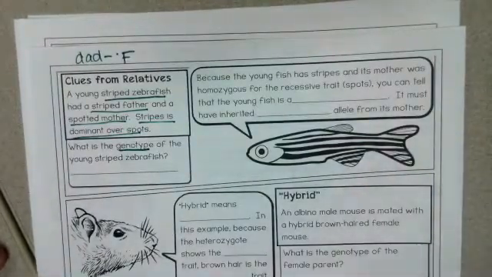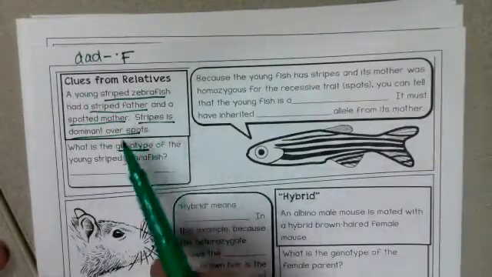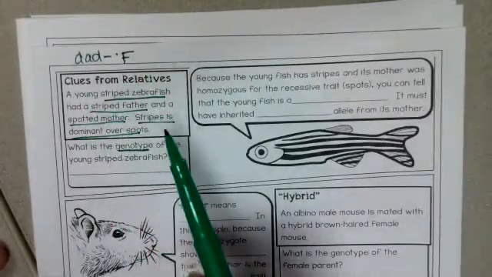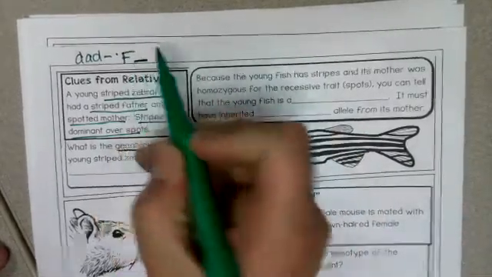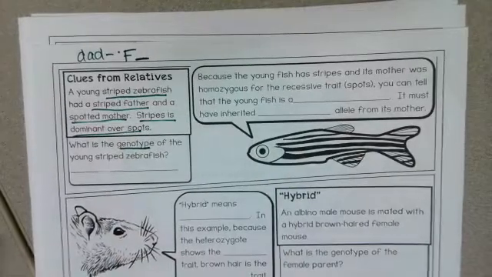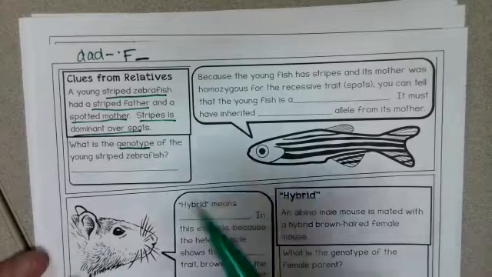But if we use an F, it's way easier to see. Anyways, as I was saying, dad definitely is going to have a dominant allele because we see the dominant trait. So he's at least gonna have 1. Now, we don't exactly know what his second one is just yet.